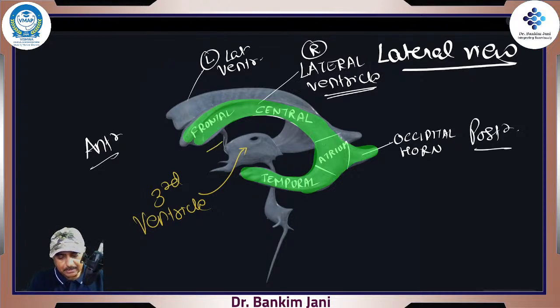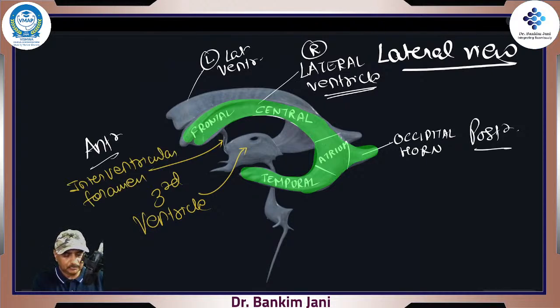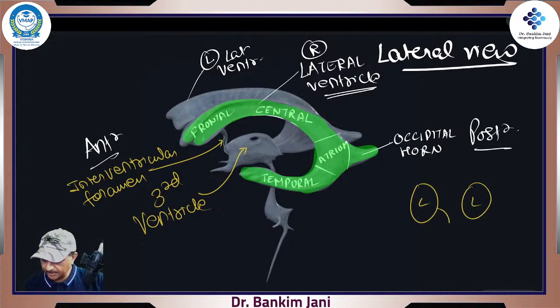This portion is the interventricular foramen. So think of it like this: the lateral ventricles are opening into the third ventricle. From the third ventricle to the fourth ventricle, so this area is the third ventricle.